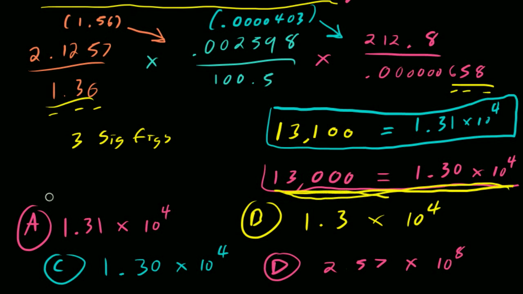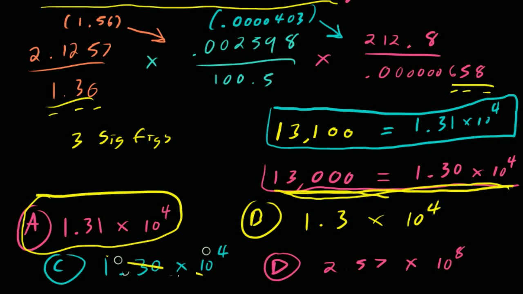So the right answer is answer A. But if we rounded at each individual step, we would have gotten answer C, and we would have been wrong. And also you can see why would answer B not be right? Well, answer B wouldn't be right for this because it only has 2 significant figures.